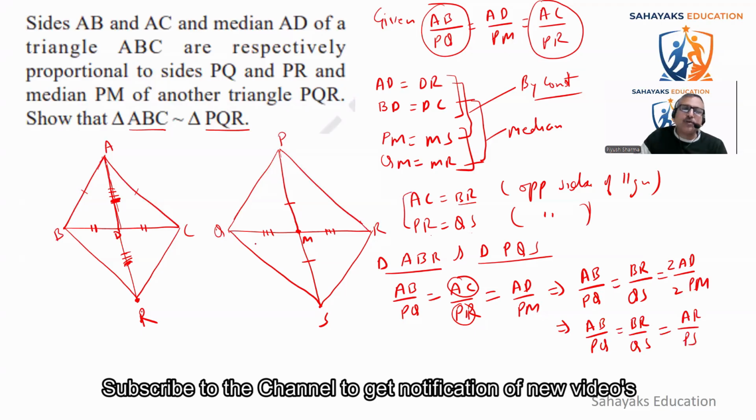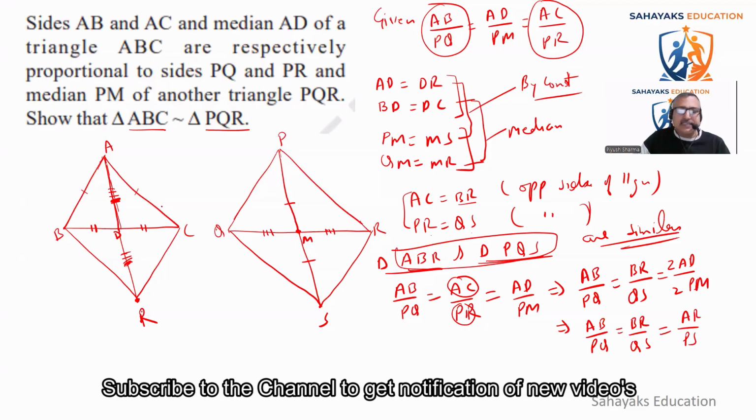Now all the sides of triangles ABR and PQS are proportional, so we can say that these two triangles are similar. When we have proved these two triangles are similar, the angles in the triangles are also the same.